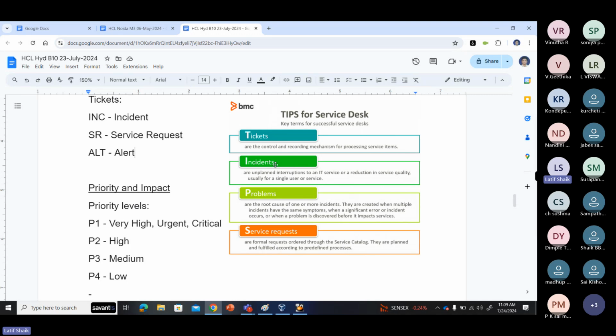We try to resolve the root cause, so then the problem will be resolved and the number of incidents will be reduced. Another one is taking preventive measures and regular maintenance. The possibility of occurrence of issues will be very, very less.